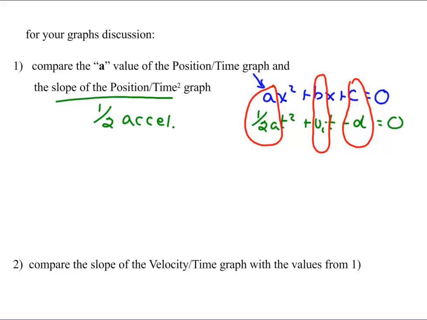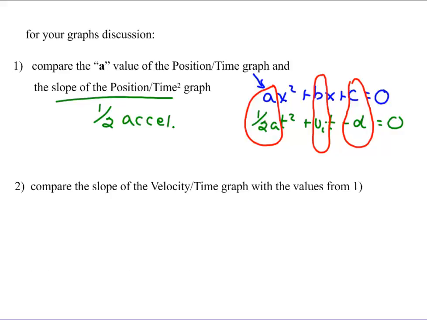They both represent 1/2 of the acceleration. The slope of your velocity time graph, you told me earlier, was acceleration. That value should be, in fact, double the slope or the a value for your other two graphs. And so that's something I want you to discuss and compare in your lab write-ups.